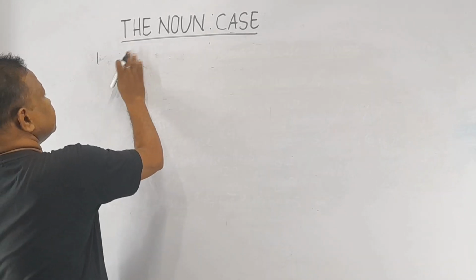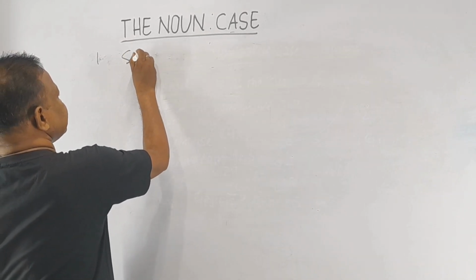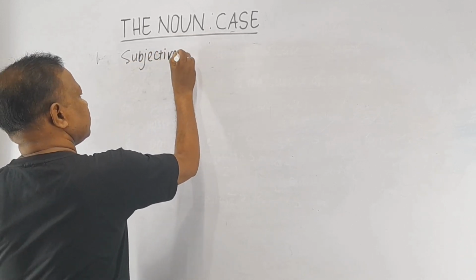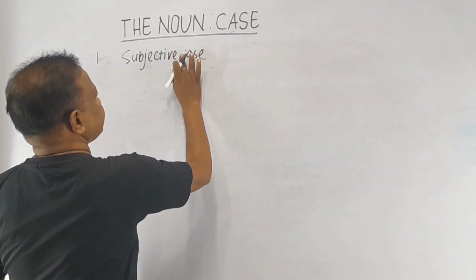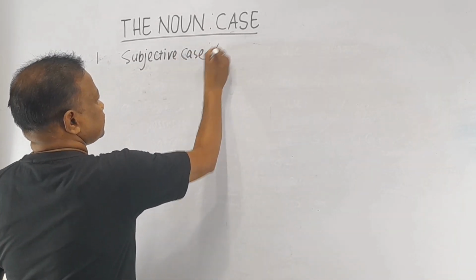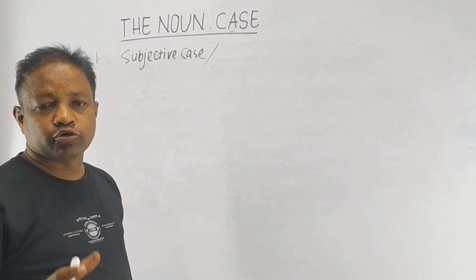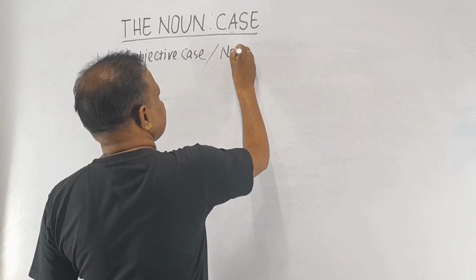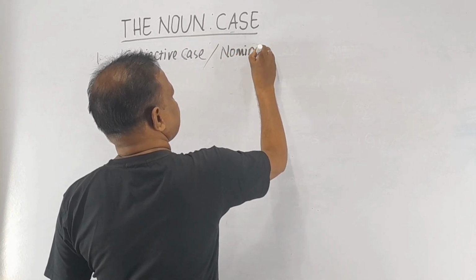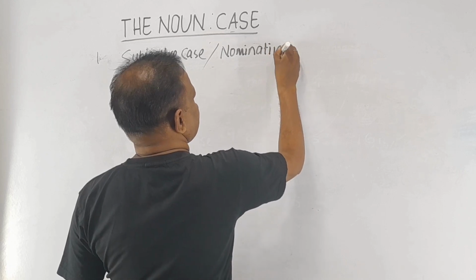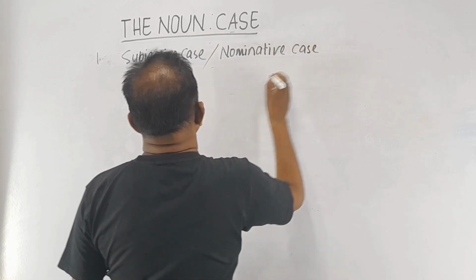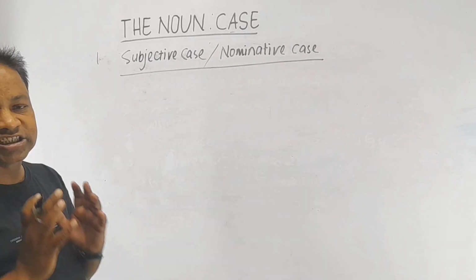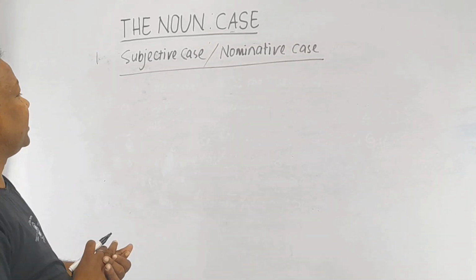Case number 1 is subjective case. The subjective case is otherwise called the nominative case. Let us know what is the meaning of the nominative case.